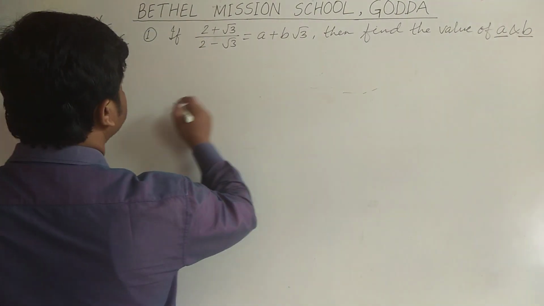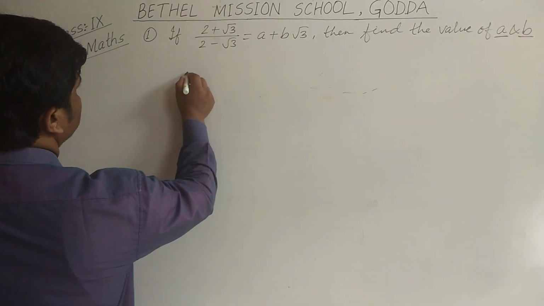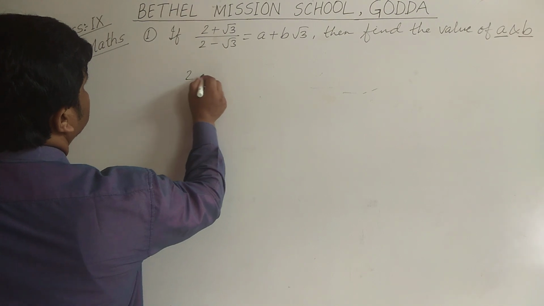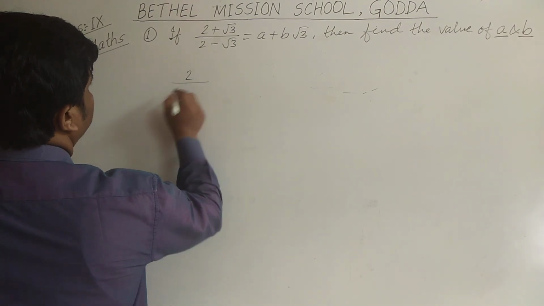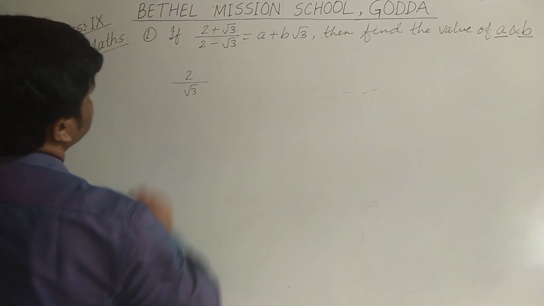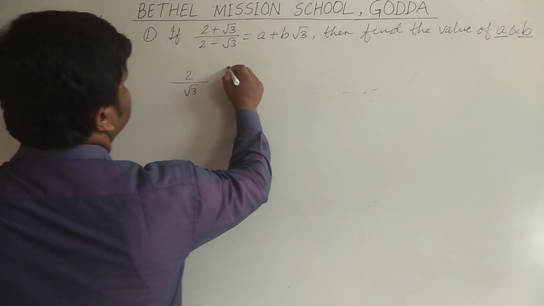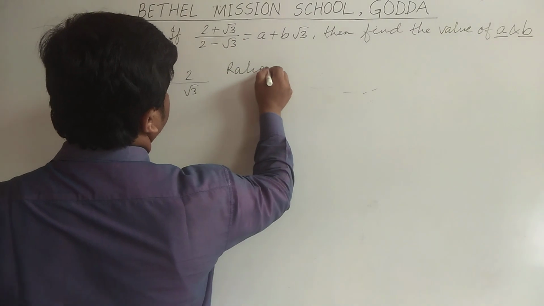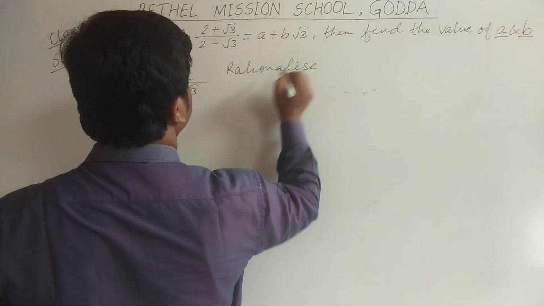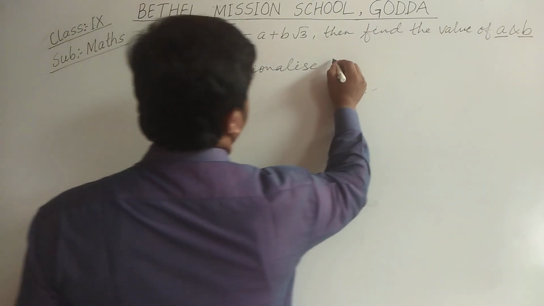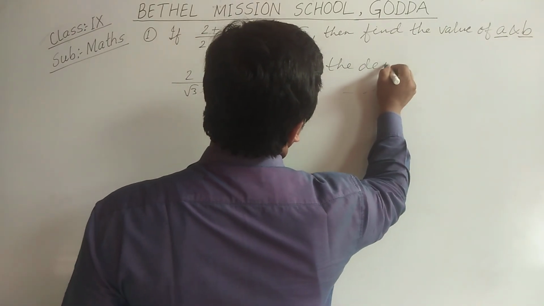Rationalize the denominator. Suppose the question is 2 upon root 3. Rationalize the denominator.